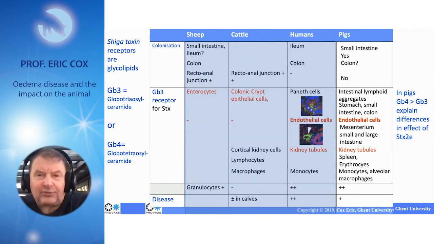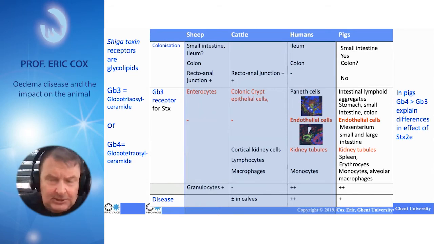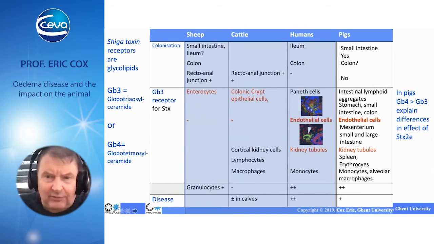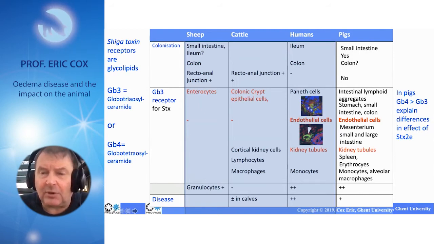Just to show you the difference between pigs and ruminants and humans. The Shiga toxin of the oedema disease strains is a toxin that binds to globotetraosylceramide. It's a glycan consisting of 4 sugar molecules that are linked to the lipids of the cell membrane.